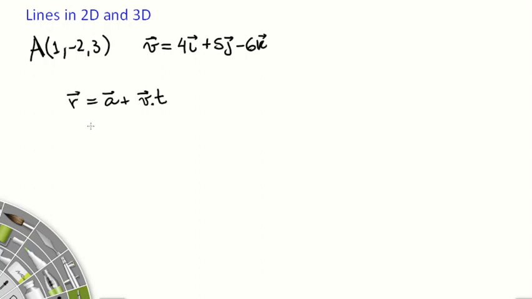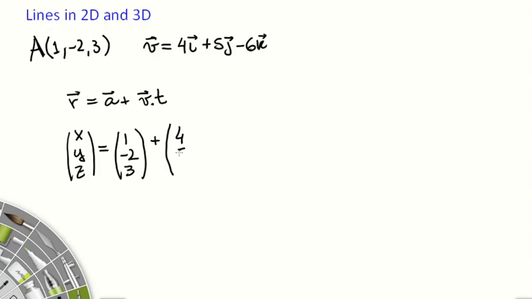So let's see, r, we've got x, y, and z equal to, your vector a is those 3 numbers, so 1, take away 2, and 3, plus our directional vector times t. And there we go. That would be our vector equation. And remember, t is a member of the real numbers.